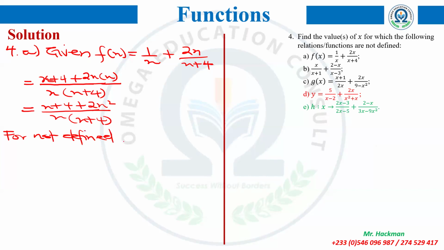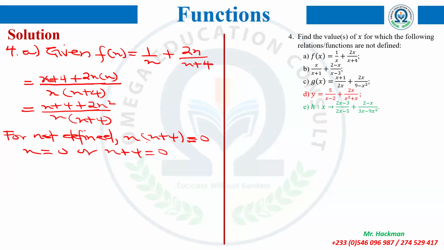Your denominator, what's your denominator? x into x plus 4 should be equal to 0. So now our comfort zone. It means x should be equal to 0, or x plus 4 should be equal to 0. So you have to equate each of the variable factors to 0. Please take notes. Don't be partial.